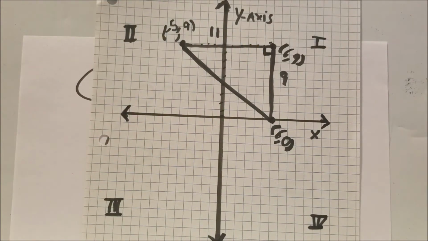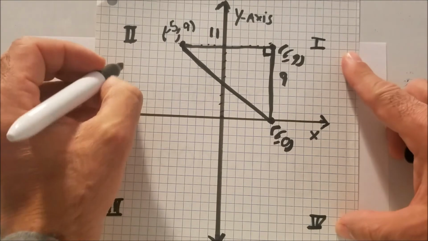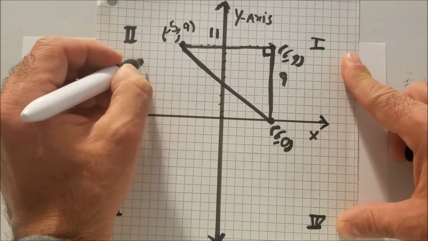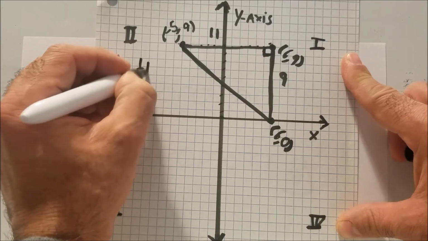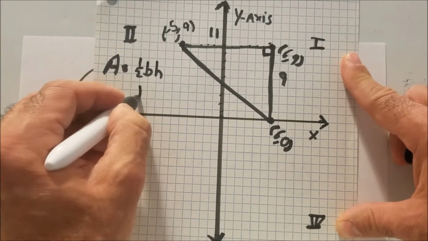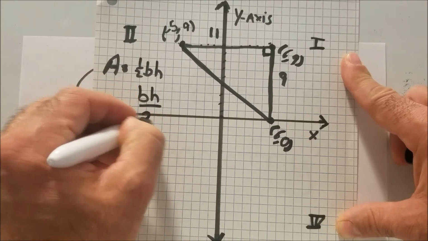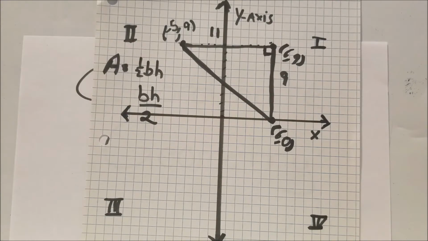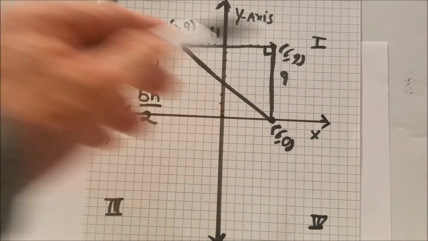What do you think the area of this triangle would be? Who remembers the formula? So I'll write it over here. The formula for the area of a triangle is half the base times the height. Or it could be the base times the height divided by 2. Or half the height times the base. So here, if we did 11 times 9, we get 99.